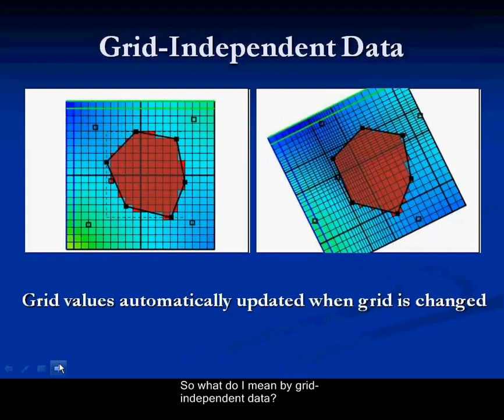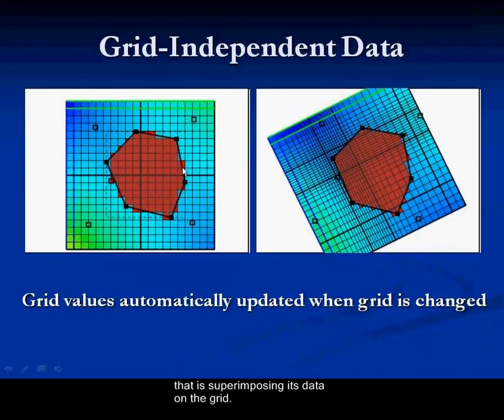So what do I mean by grid-independent data? Well, it means that data isn't stored in individual grid cells. Instead, it's stored in what I'm calling objects. Here's a point here, a point here, a point here, a point here, and the data is associated with those, and it's being interpolated across the grid.